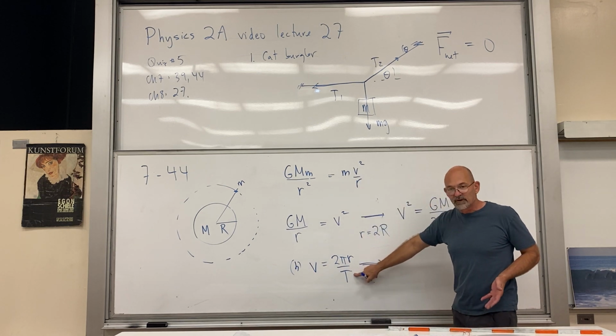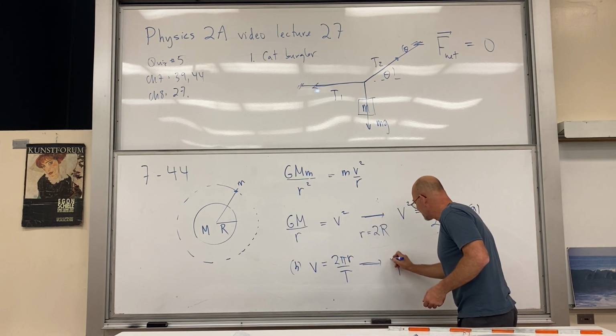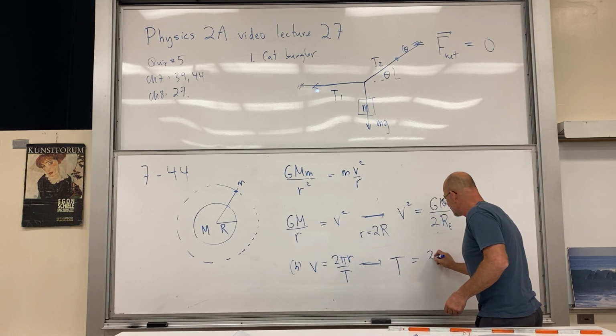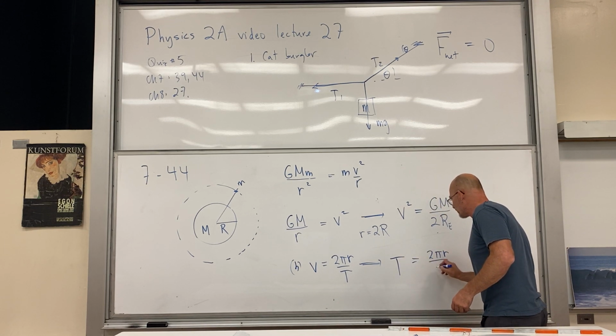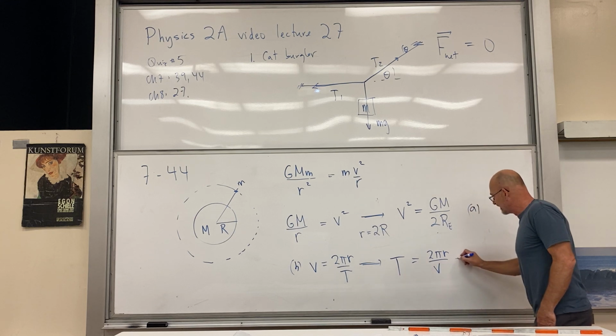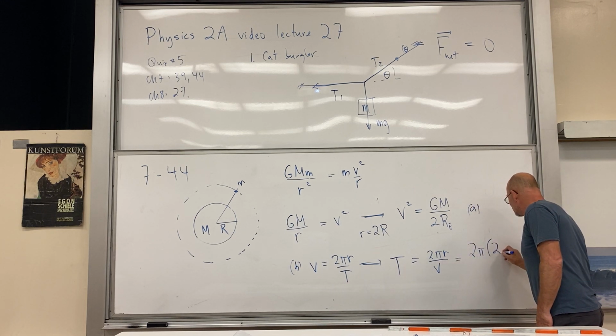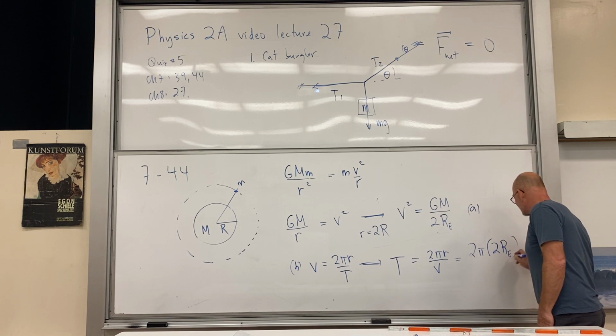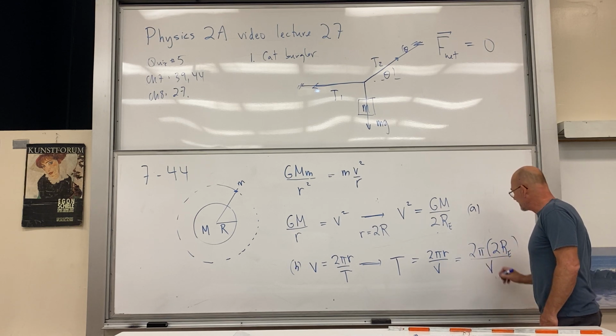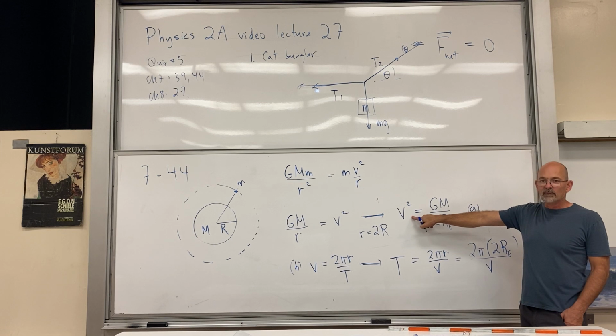That's distance over time. So the period is 2 pi times the radius of the orbit over the speed, and when you plug in 2 pi times 2 Earth radii, that's the radius of the orbit, times v from right here.